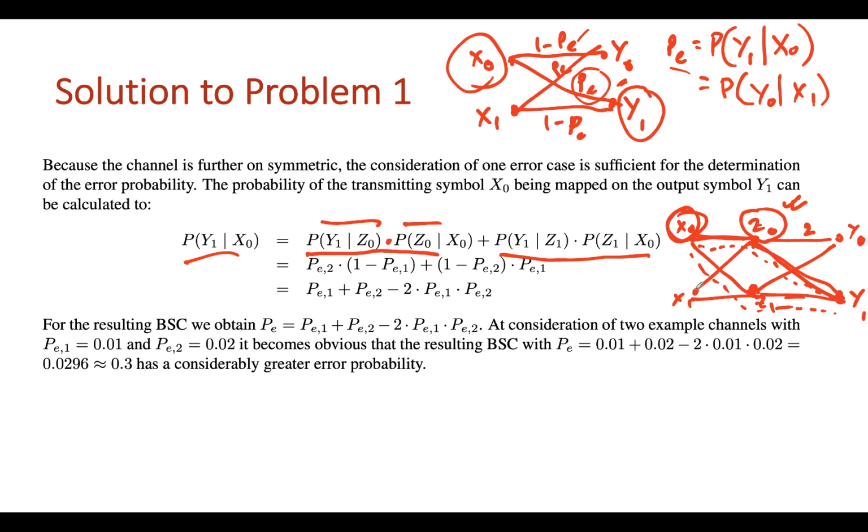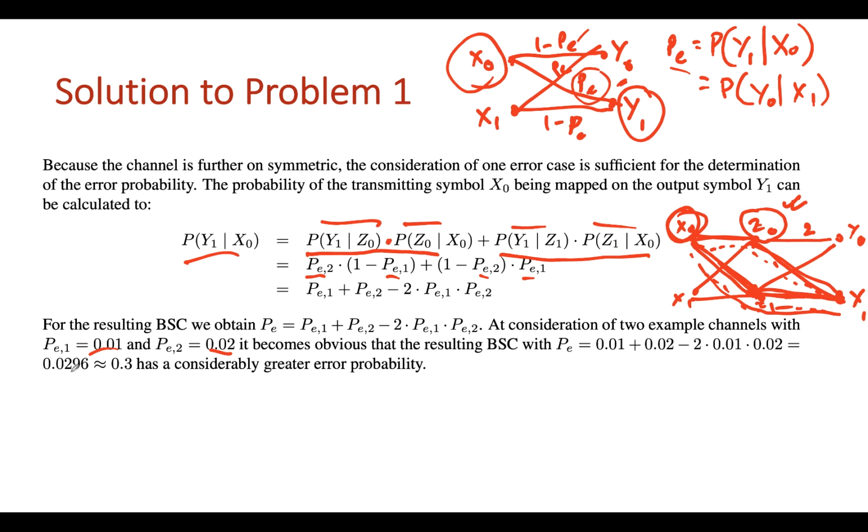Similarly, the probability of y1 given z1, this arm, multiplied by the probability of z1 given x0, this arm, gives the probability of this path. Now all these probabilities can be written in terms of P2 and P1, and these values are given to you, so you can easily calculate by replacing P1 as 0.01 and P2 as 0.02.